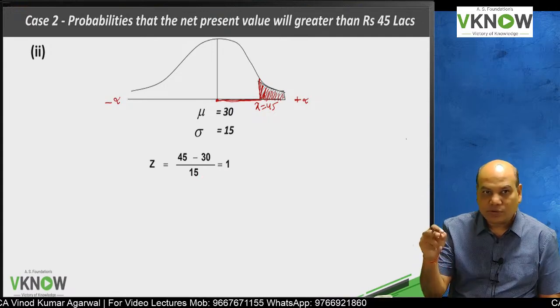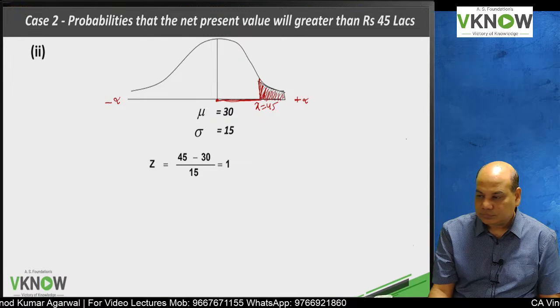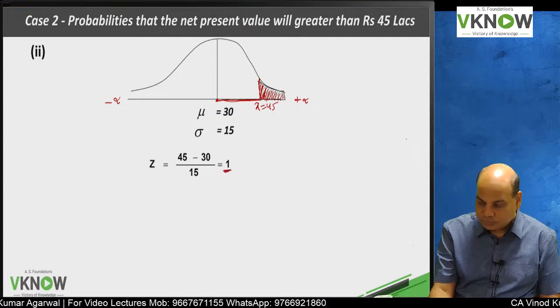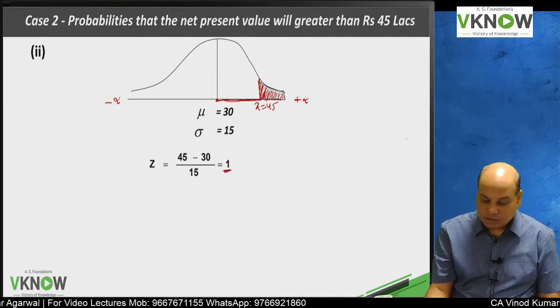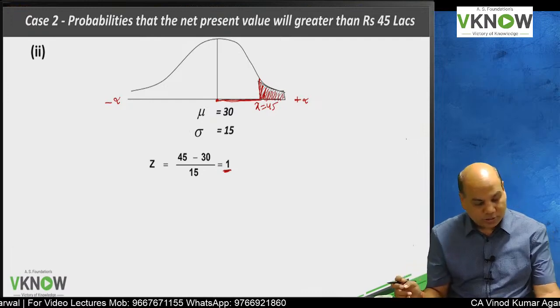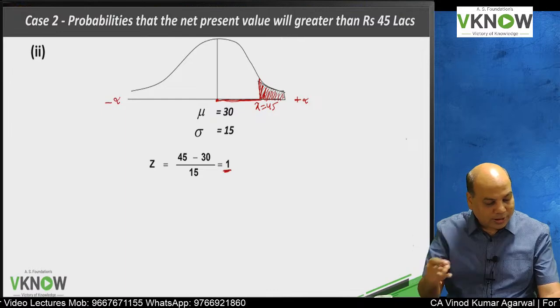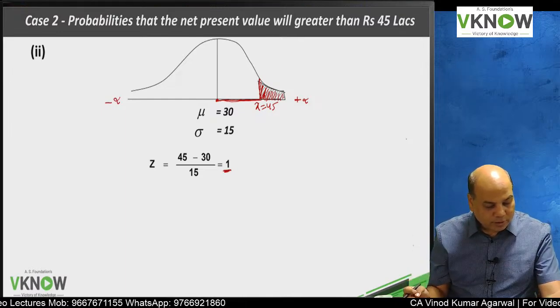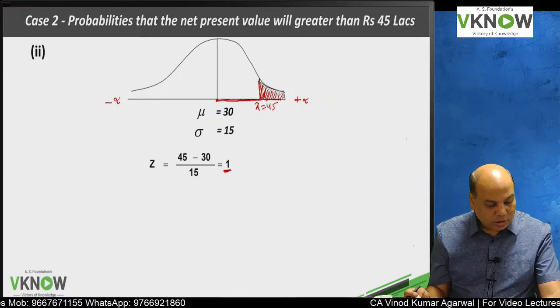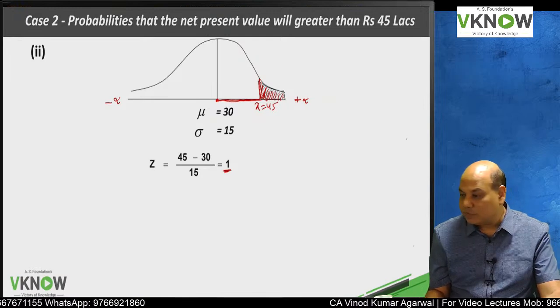And the table gives you the probability of that. So this is 1. Now you come to the normal distribution table. In that column x, you will find 1 written after 10 or 11 lines, and next to that 0.34134 is there.